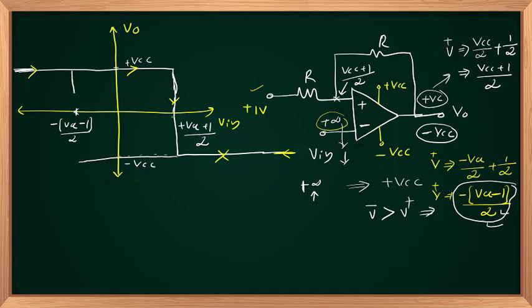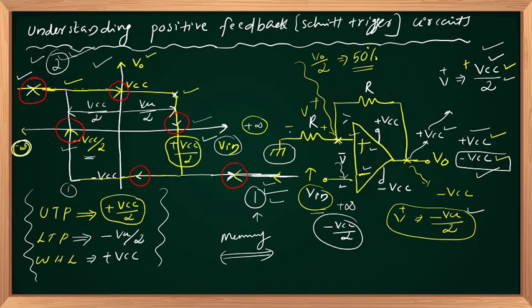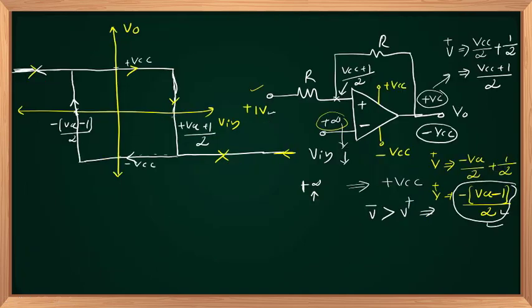So output switches to plus VCC from minus VCC. And if Vin is extremely small, minus infinity, output will be always at plus VCC as expected. So this is the transfer characteristics of the given circuit if you are replacing a zero potential here, ground, with a plus 1 DC source.